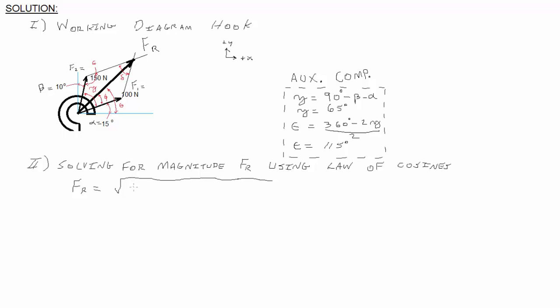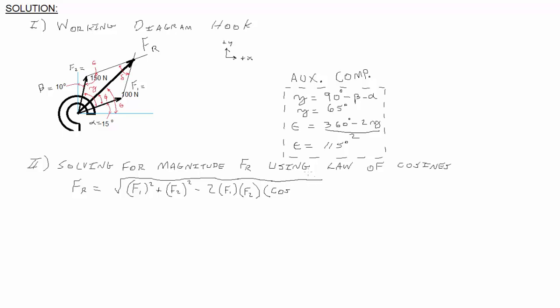And FR equals F1 squared plus F2 squared, that's the other two sides of the triangle, minus 2 times F1 times F2 times the cosine of the angle opposite FR.